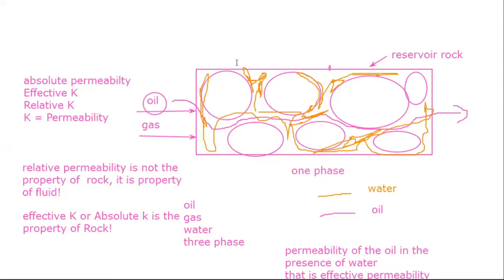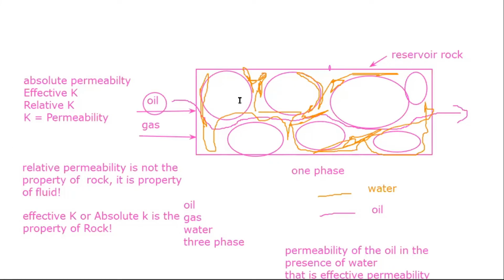Permeability does not change actually. Effective permeability does not change. Relative permeability definitely changes. Yes. Very, very good question you raised. Relative permeability depends on the saturation of the oil. For example, if you have a lot of oil, its permeability will be higher because it will take a lot of space, and easily it can go.